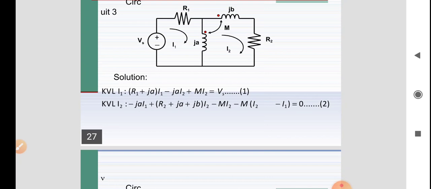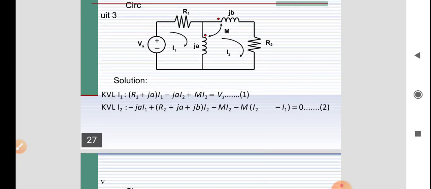I am repeating once again. In the second loop, we have two dots. I am writing the expression for the first dot, which is near Ja. In case of Ja, the current I2 is flowing from coil to dot, but at the other dot the current is flowing from dot to coil.